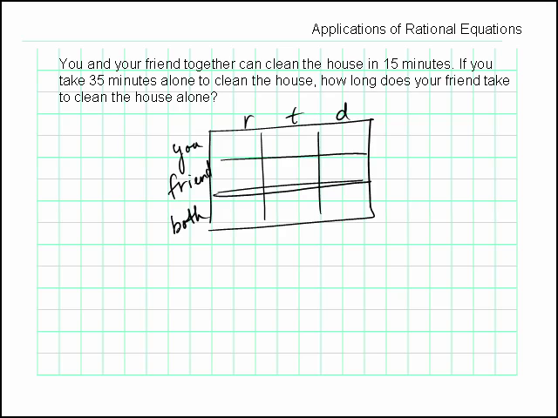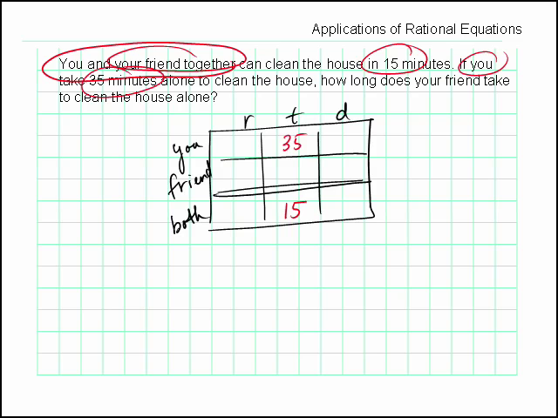You and your friend together can clean the house in 15 minutes. So here the 15 is in that box, the time it takes both of you together. You alone take 35 minutes. So that's 35 there.